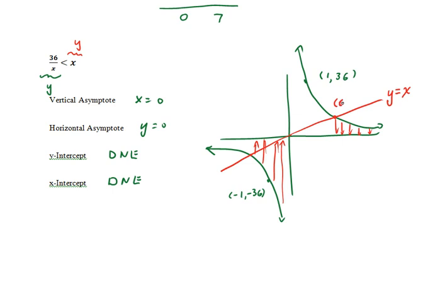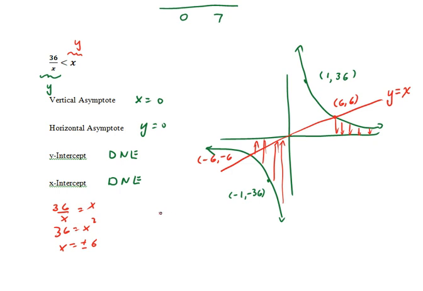So we need to find these two intersection points. They are 6, 6 and -6, -6, setting 36 over x equal to x. We get 36 equals x squared, x equals plus or minus 6, and because y equals x, the x and y's have to be equal.